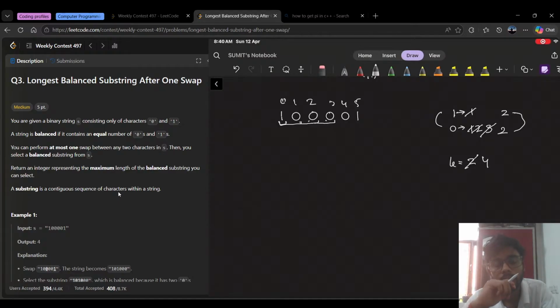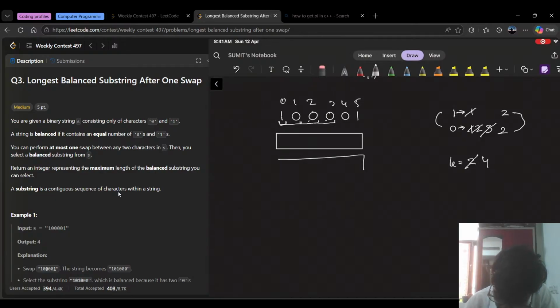I need to get the number of ones and the number of zeros. So for instance, if I count the number of ones and zeros in advance, up to this index, the count of ones is 1, here also 1, here also 1, here also 1, here also 1, and here it becomes 2.